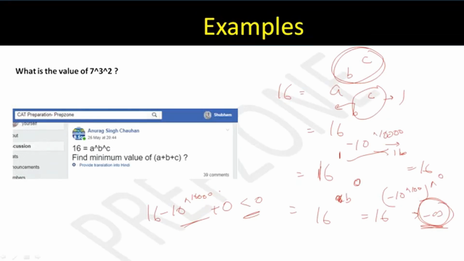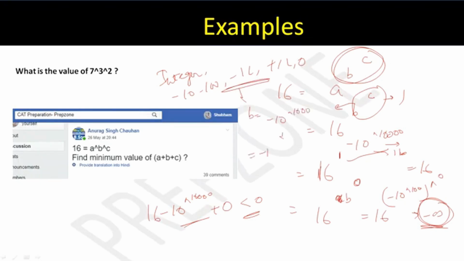Shatakshi, you can take any value of b, right? See, the point is, even 0 is an integer and even minus 10 to the power 10,000 is an integer, right? I think there is something wrong with the concept of integer. An integer can be any natural number or negative natural number or even 0. Minus 10, minus 100, minus 1 lakh, plus 1 lakh, 0, everything is an integer. So b can be anything. b can be minus 10 to the power 10,000.